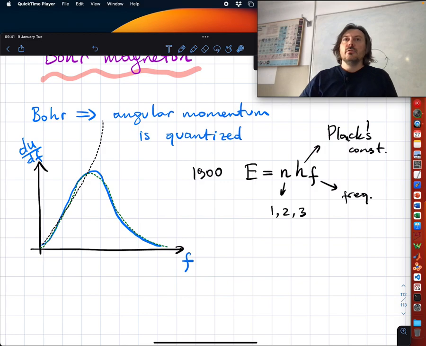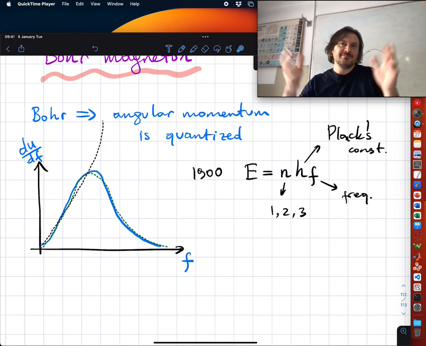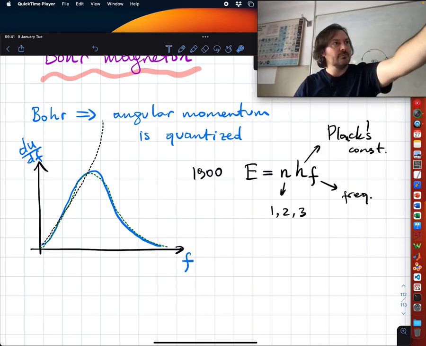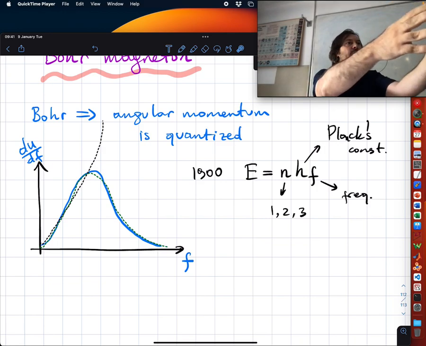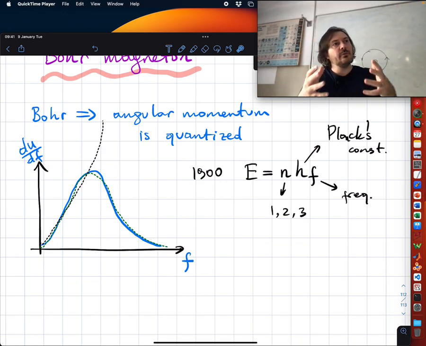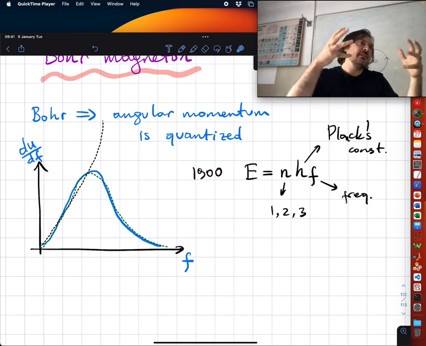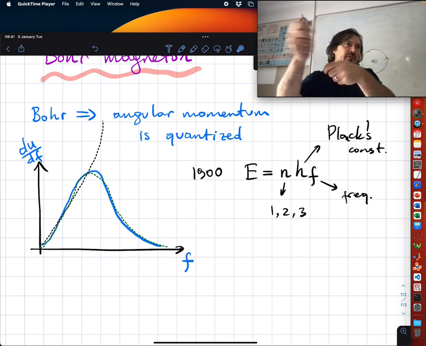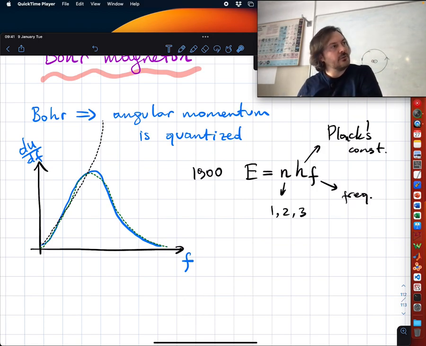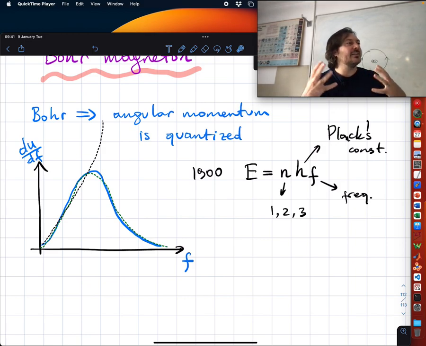So I give you money. We like money, right? But you are sharing it with everyone, right? I give all the money to you, but you keep sharing it with each other. That's what happens with gas molecules. They have energies and they share it with each other, right? And that also happens with the lights inside the sun.